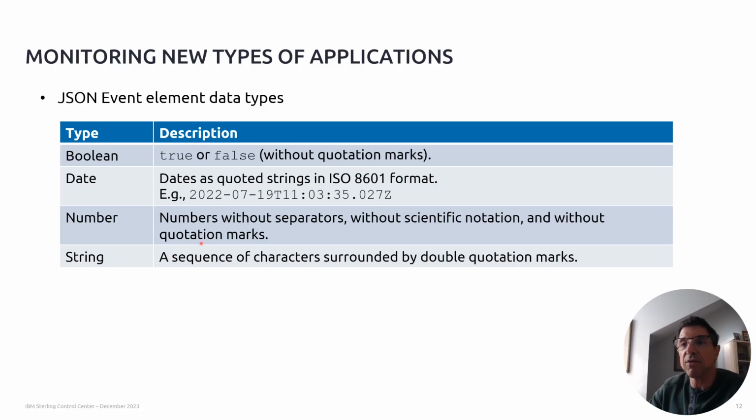Numbers are just that. No separators, no scientific notation, and more importantly, no quotes. Unlike strings, which can be numbers, but they're surrounded in quotes. So that's the difference between a string and a number. A number is just digits, no quotes. A string can be anything, but has to be surrounded in quotes.